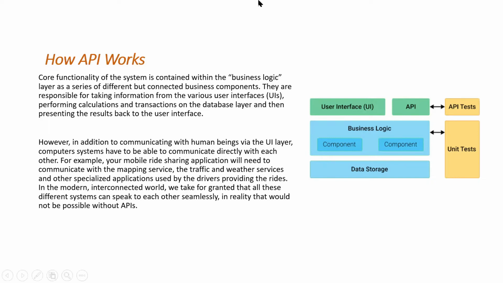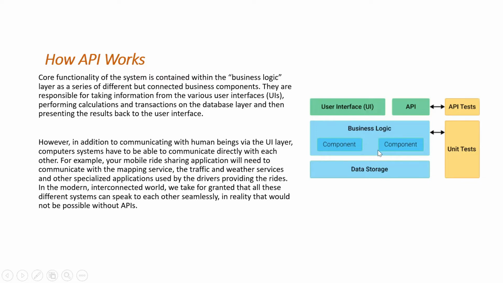That means I am going through this interface, but when it went to the business logic, it went to other components: Google Maps, how the weather is, how the traffic is. All these things are there in the business component. And then Uber has its own database too. So this component can communicate with different software as well as with its database.